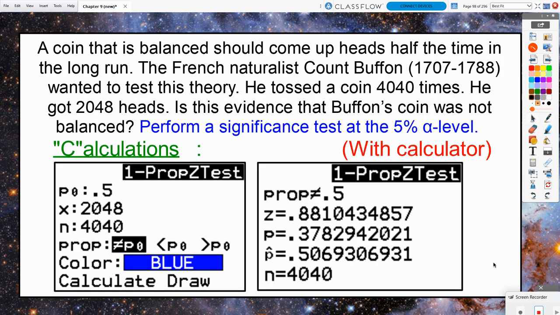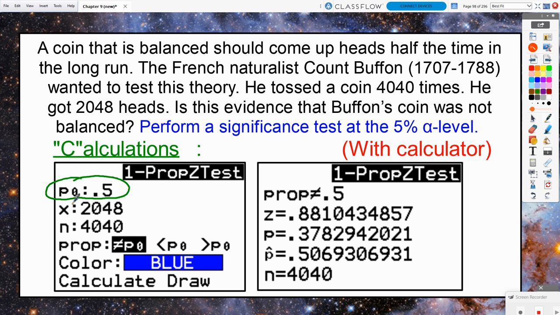Now, if I want to do the same thing with my calculator, this is going to be a little nicer because as long as we tell it it's a two-sided test, we don't have to worry about doubling the p-value. This is a one proportion z-test. So I go stat, over to test, and down to number 5 for a one-prop z-test. My null hypothesis, my claimed proportion, is going to be 50%.